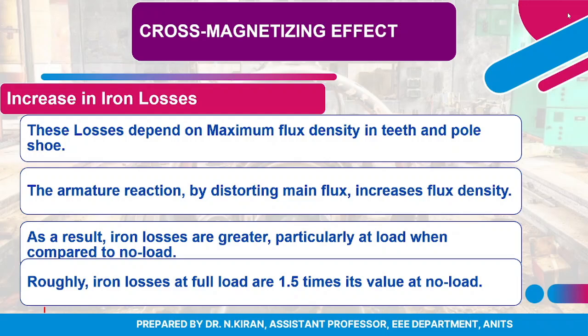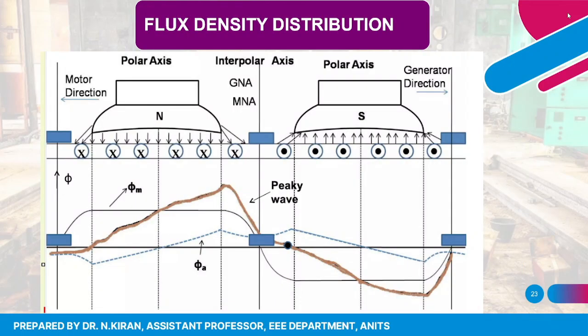When I go to the diagram, you can see this is the distribution of the flux when there was no armature reaction. The distribution is very uniform. This is the waveform for flux density.